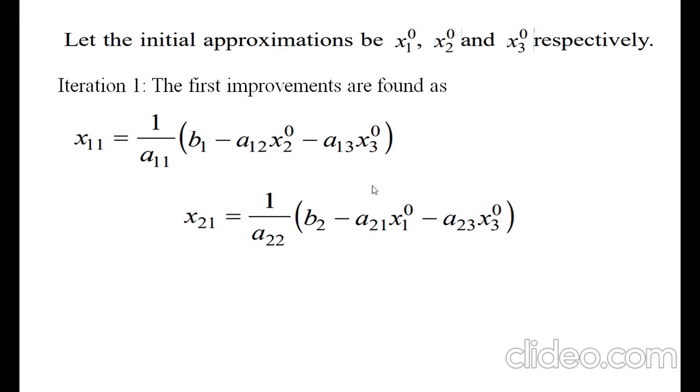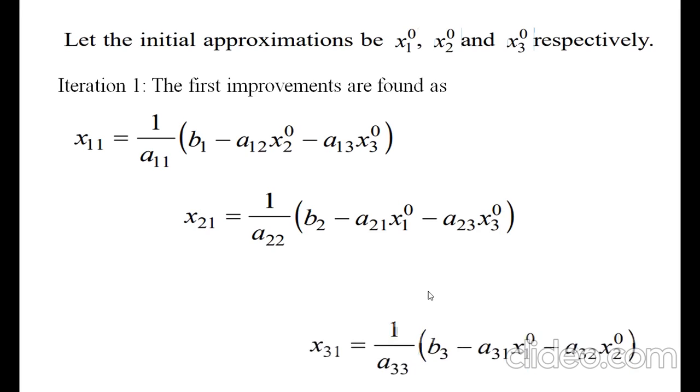Similarly, we can calculate x2 1 as 1 upon a22 in bracket b2 minus a21 x1 0 minus a23 x3 0.